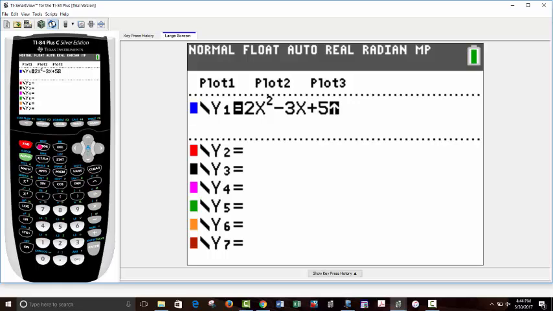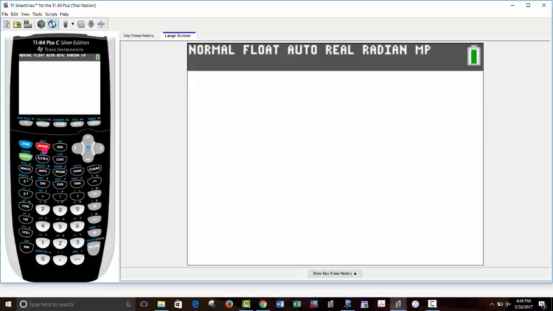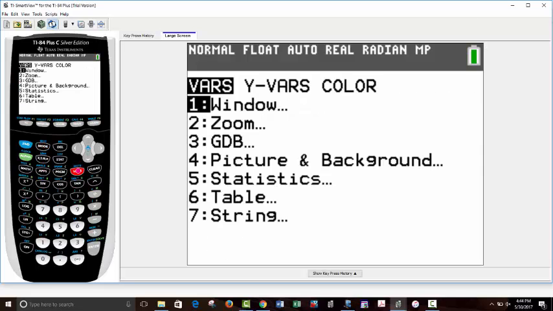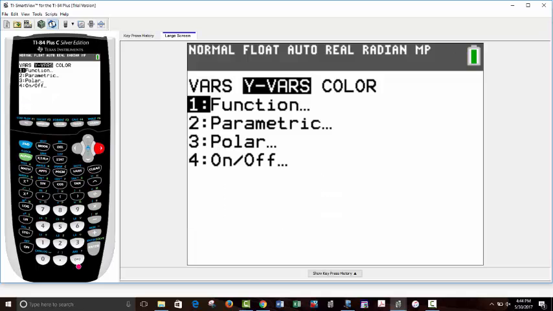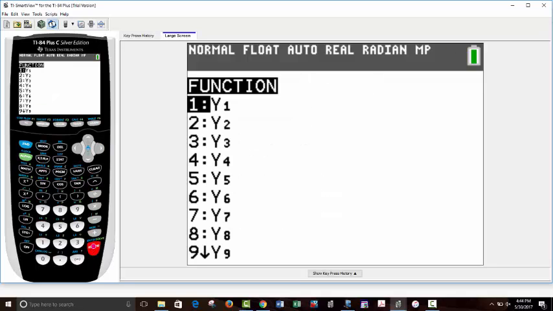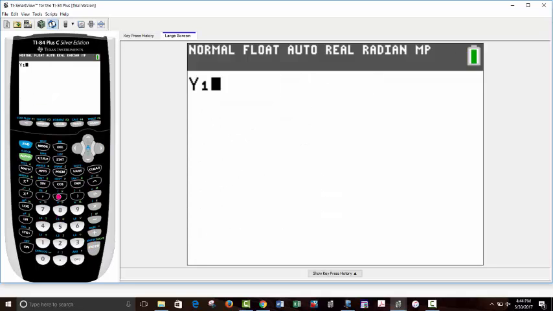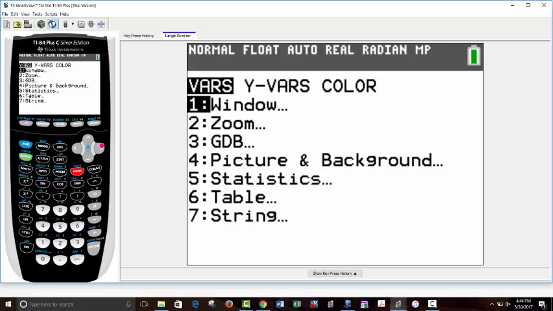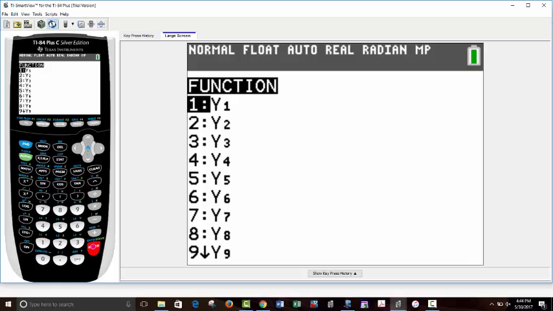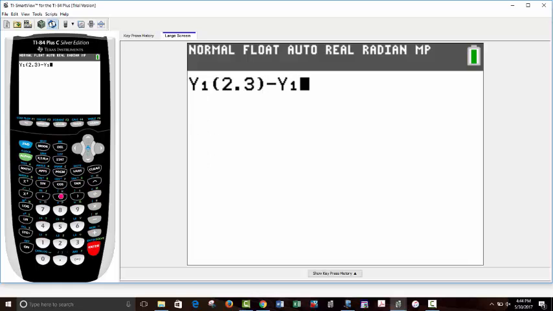So I'll quit out of this, and I'll use the function thing. Vars, y vars, function. This is like saying f of 2.3 minus f of 2.